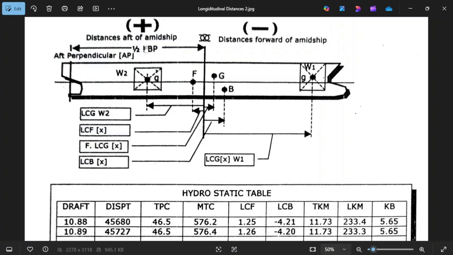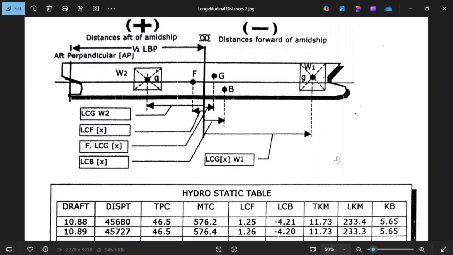And the weight, when your weight is in the aft part, that will be positive. So LCG of weight 2 is from the middle going to the center of the weight. And weight 1 will be this one. From the middle going to the center of the weight, that will be negative. That's why negative here.